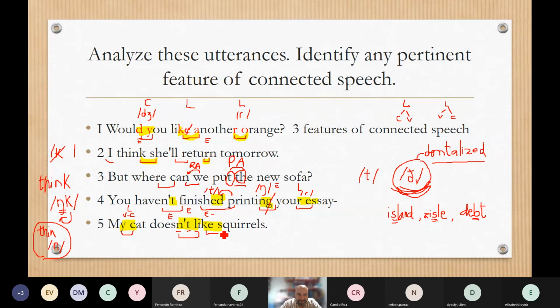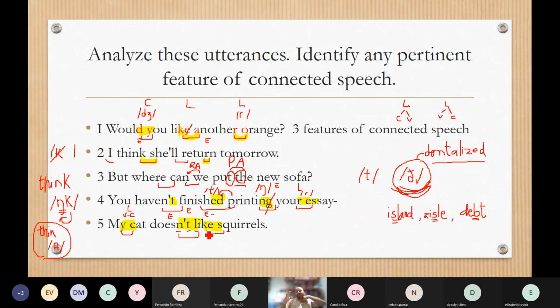The first sound in squirrels is an s, which is usually in an alveolar ridge position. Squirrels, squirrels. And then like is velar. Like squirrels, like squirrels.